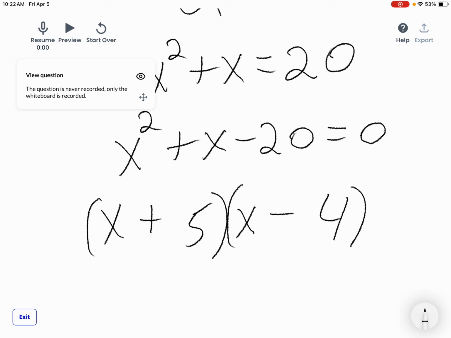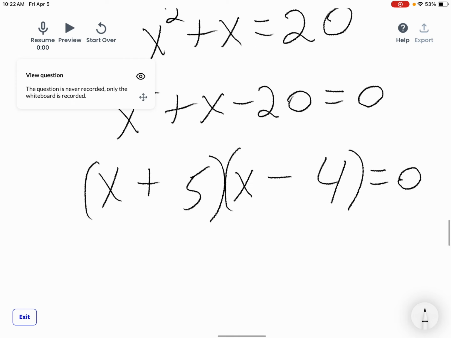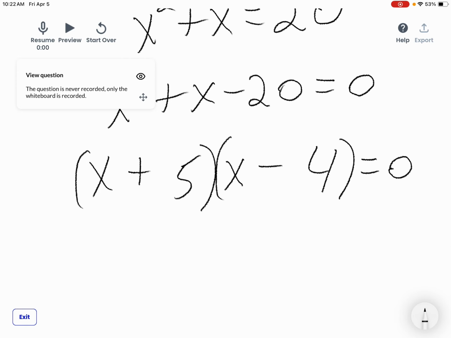So that's factored, and that's still equal to 0. Now we're multiplying two factors together and getting 0, so at least one of the factors must be 0. If x plus 5 is 0, then x is equal to negative 5, or if x minus 4 is 0, that implies x is equal to positive 4.